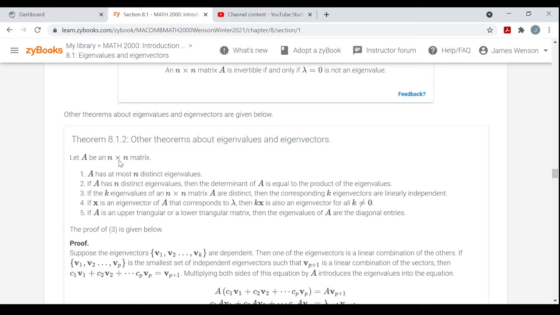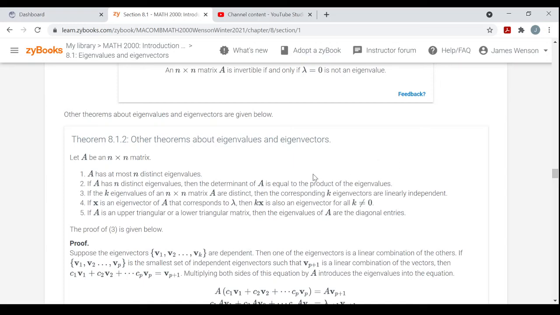Some other theorems related to eigenvalues and eigenvectors. An n by n matrix has at most n distinct eigenvalues, n different ones. Now if you count repeated ones, an n by n matrix will have exactly n eigenvalues. If A has n distinct eigenvalues, then the determinant of A is equal to the product of those eigenvalues.